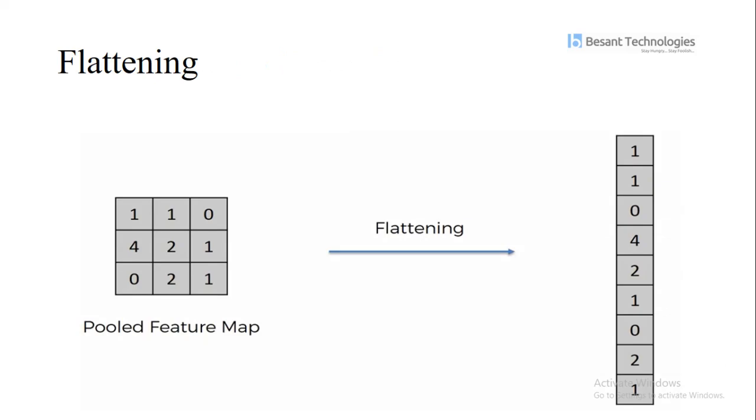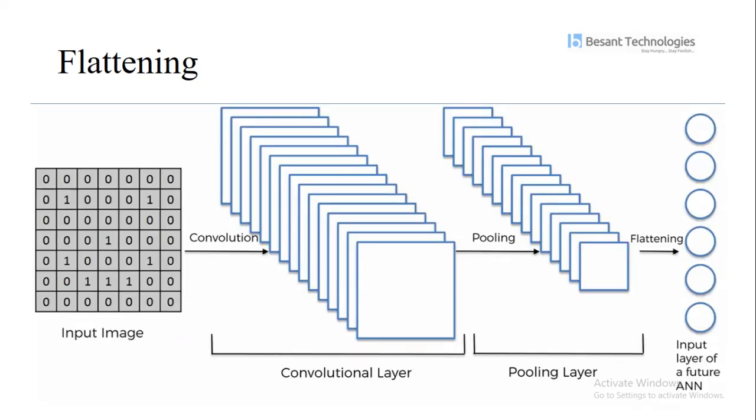So now flattening. Flattening is nothing but converting the pooled feature map, the output of our pooling, into a single column, which looks like this: 1 1 0, then 4 2 1, and 0 2 1. So this is what our flattening is. This is the input layer which we are going to give to our ANN.